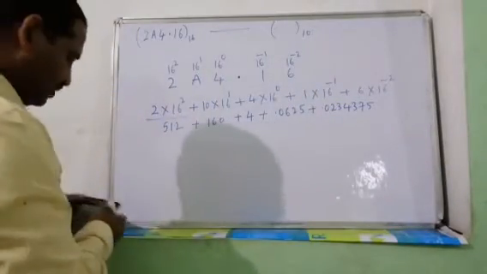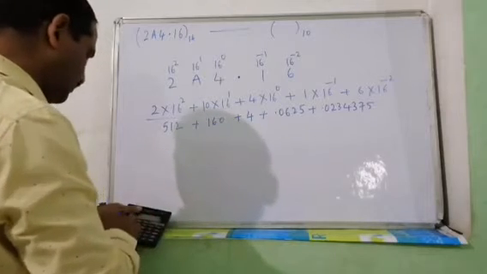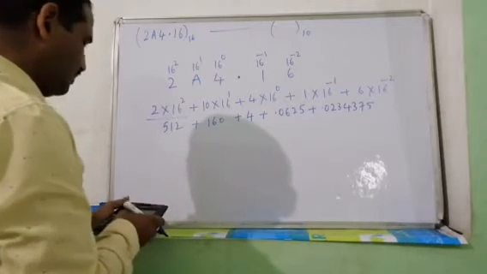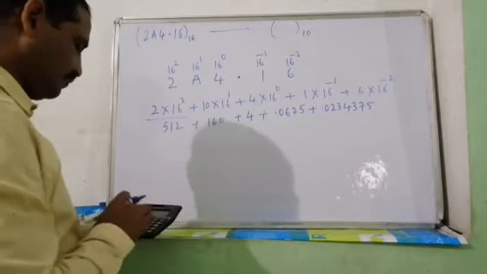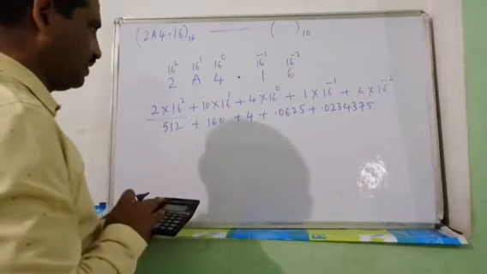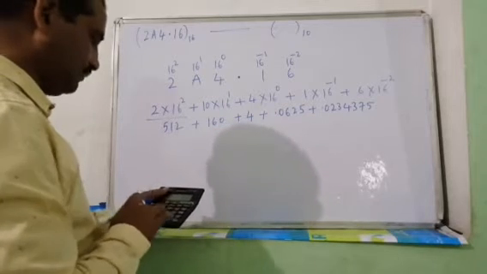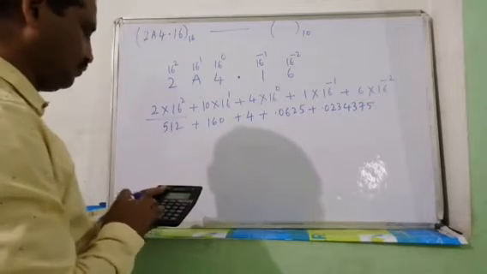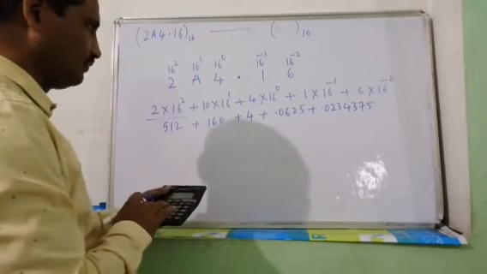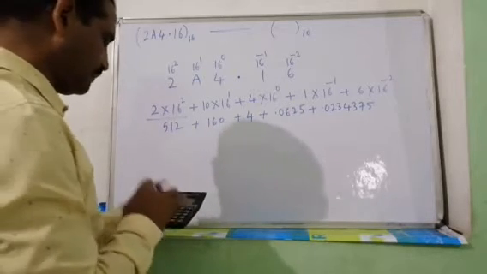Now we have to add all the numbers. 512 plus 160 plus 4 plus 0.0625 plus 0.0234375.